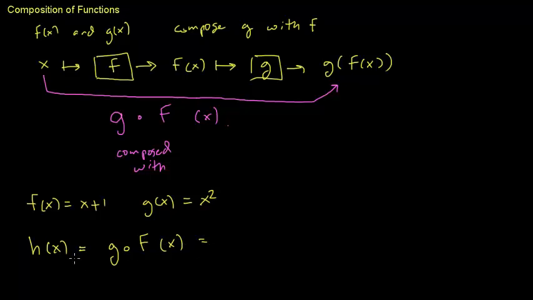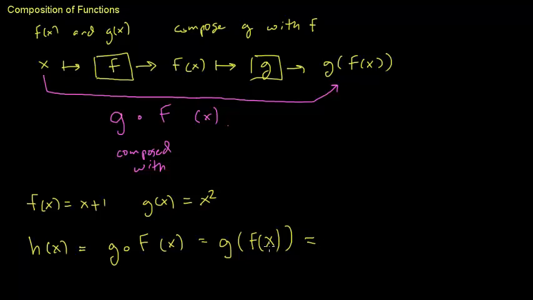Well, what's the form of h of x? Well, what we do is we take x and we run it through our first function f, and then we take that output f of x and it becomes the input to the g function. So h of x is just g of f of x.